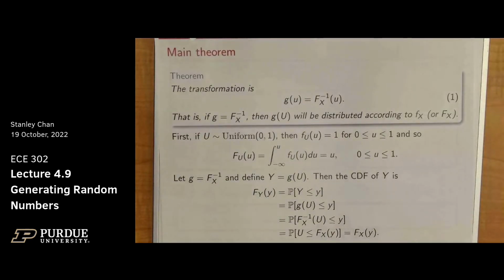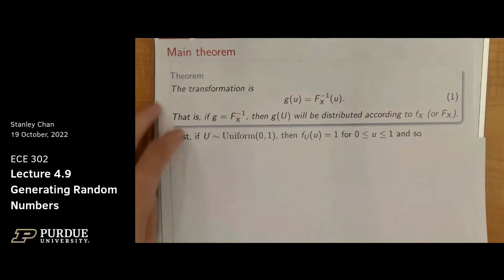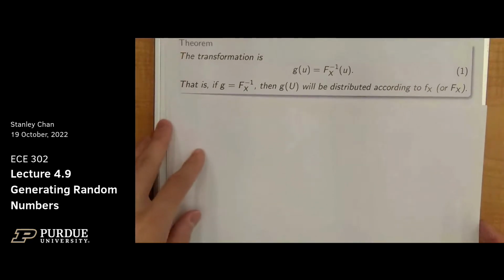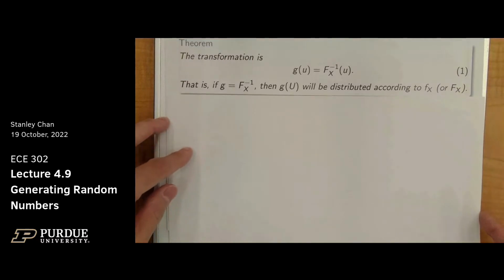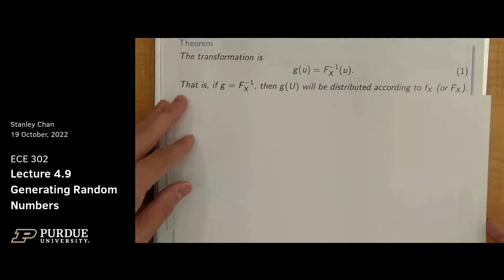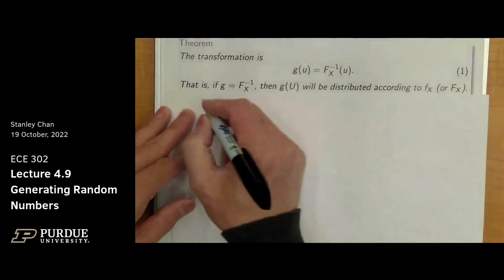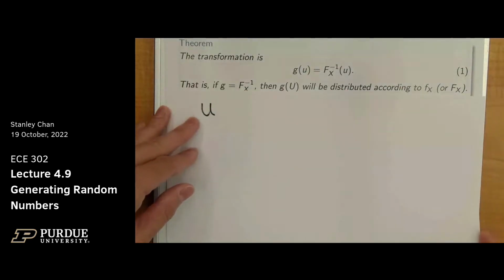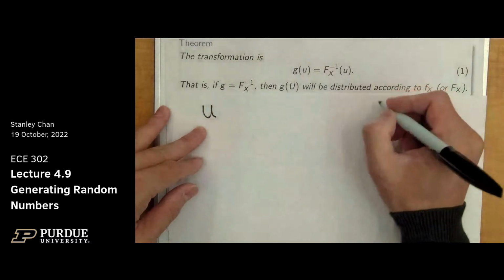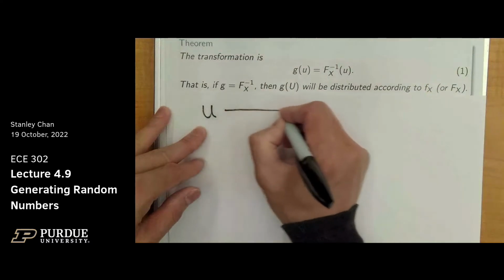To talk about this idea, let me tell you a theorem. The theorem sort of tells you the answer. I start with a uniform random variable U, with PDF f_U of small u.